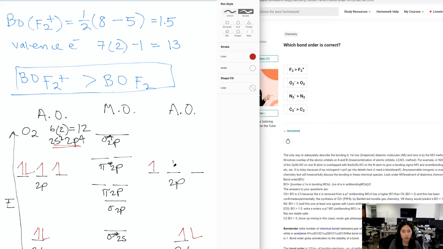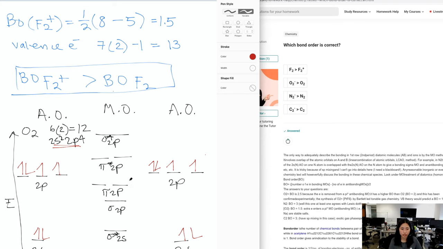By the way, you can also put it right here, as long as you make sure you have up spins for each of your subshells. But because I want it to be consistent, I'm just going to put it on the left side. So in this case, we have 2s2, 2p4, so the atomic orbital of O2 is done.